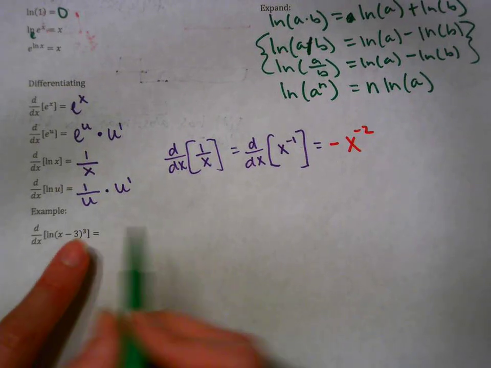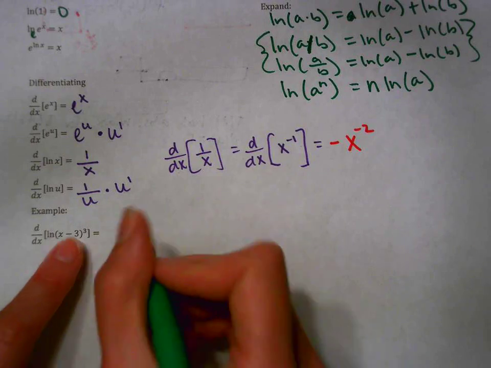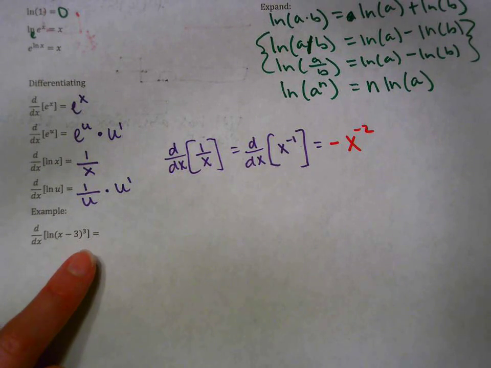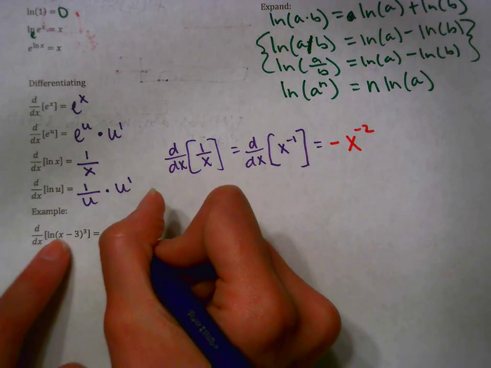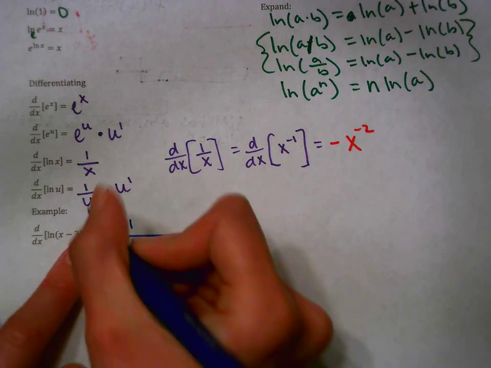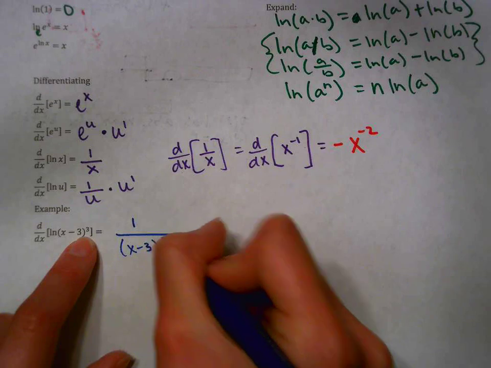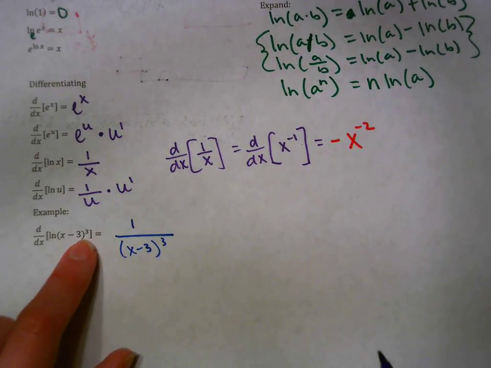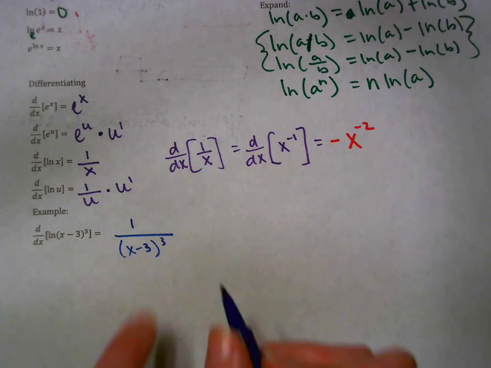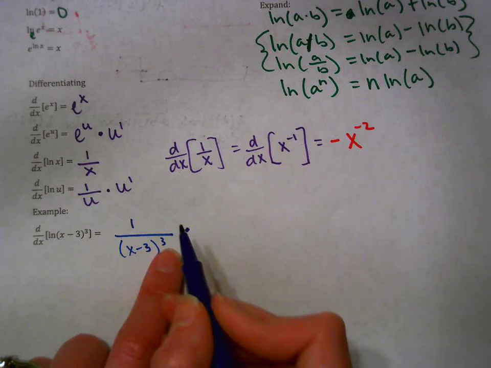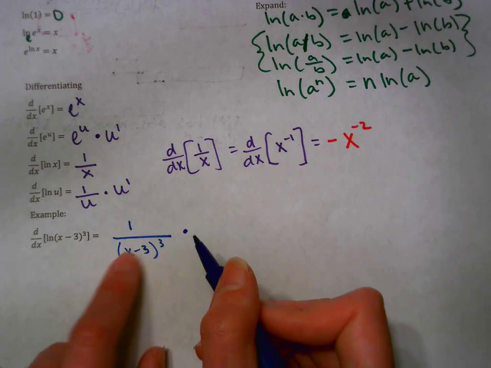So if you forgot that you have that expanding rule, I feel like that's probably what most people would do, is they would just start with doing 1 over the inside. So that inside is x minus 3 cubed if you didn't expand it. And so then we got to do times the derivative of the inside. So the inside is whatever you wrote on the bottom.